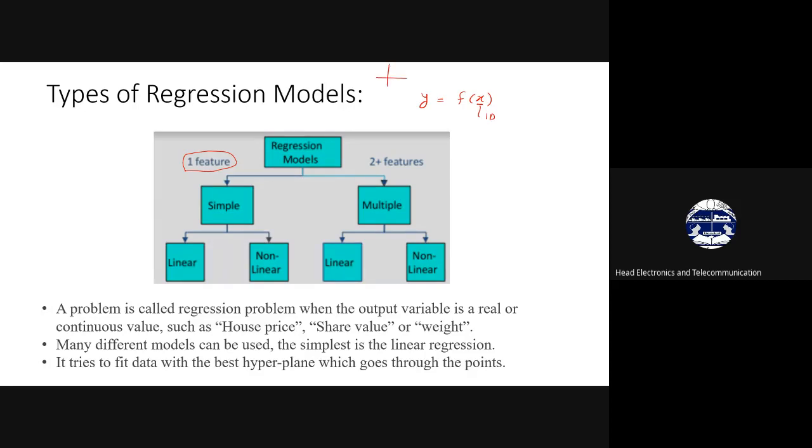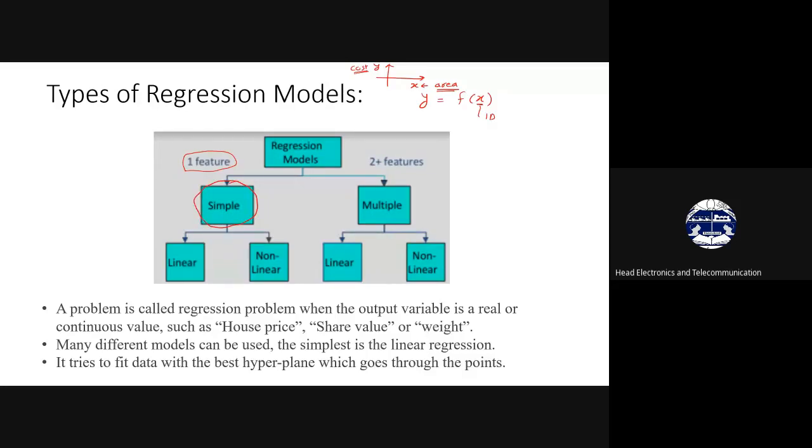Say like a relation between two variables, y here and x here, where x is the area of a house and y is the cost of the house. So only one feature, that is area, is considered and cost y is predicted. So this is a simple model.